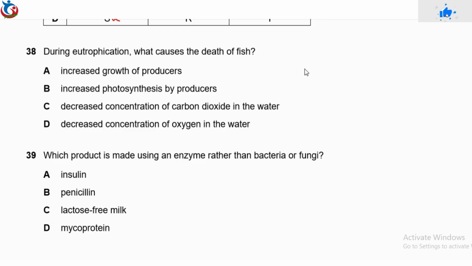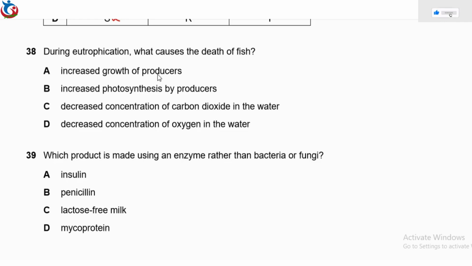Eutrophication has to do with the growth of organisms in aquatic environment, and this is as a result of decomposition of some chemicals like fertilizers in water bodies, and this can result in decrease in the concentration of oxygen in such aquatic environments, thereby resulting in the death of aquatic life.